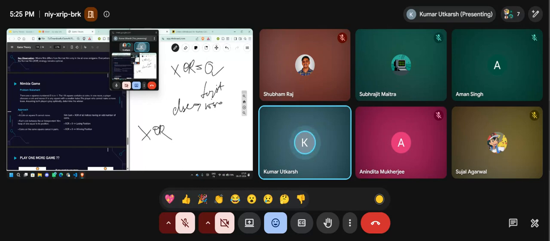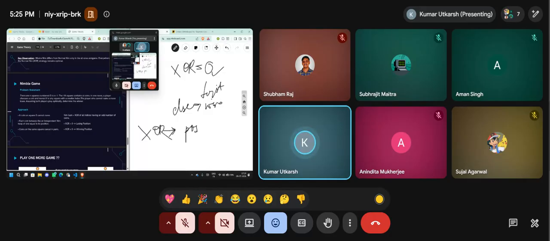A coin on zero cannot move, and each coin behaves like an independent heap of size equal to its position. We take XOR of all the values. Coins on the same square cancel in pairs. So what we saw earlier, the even coins cancelled and for the odd ones only one coin stayed.